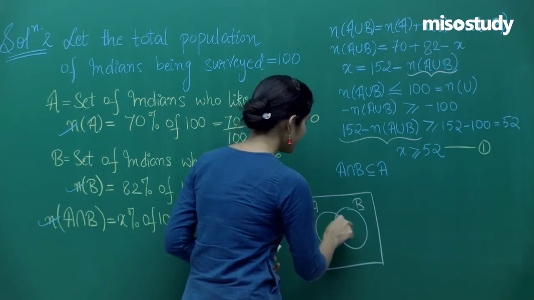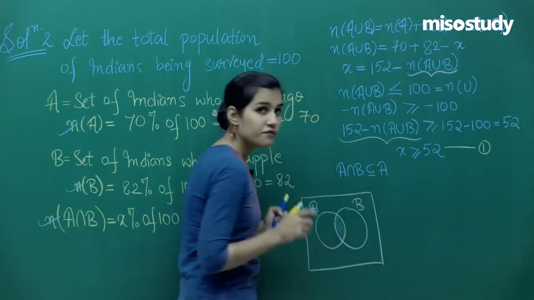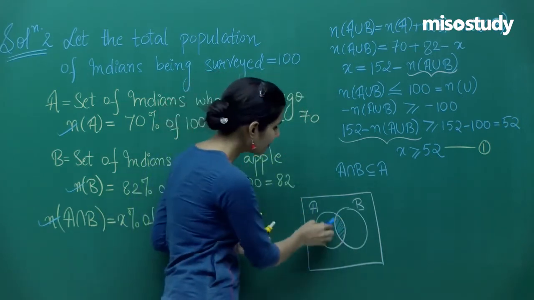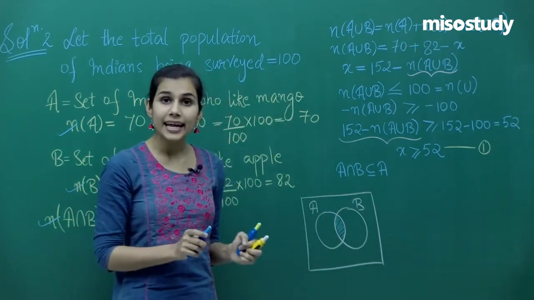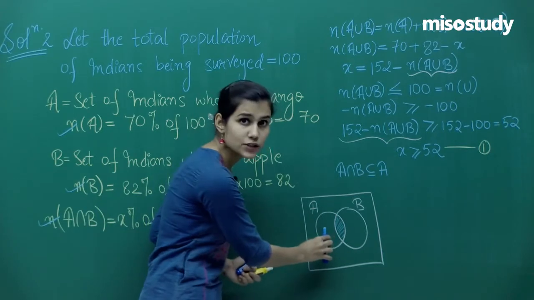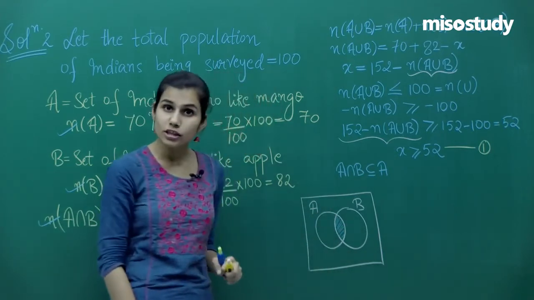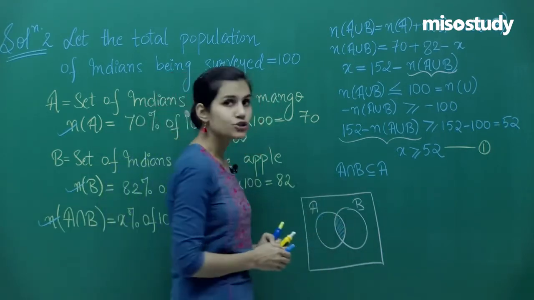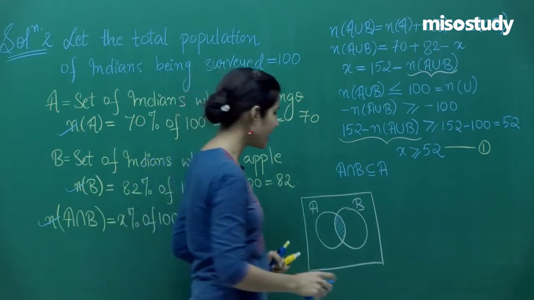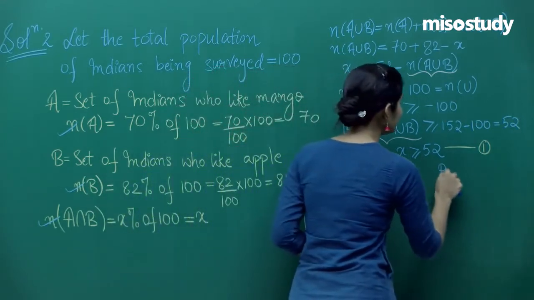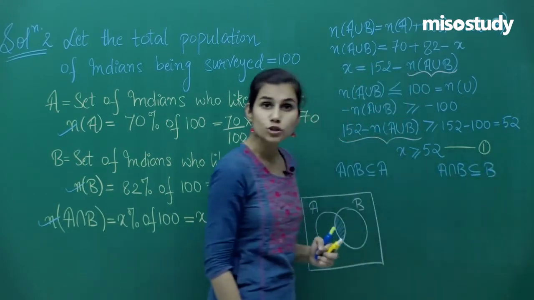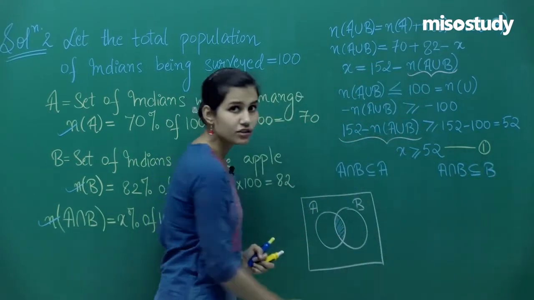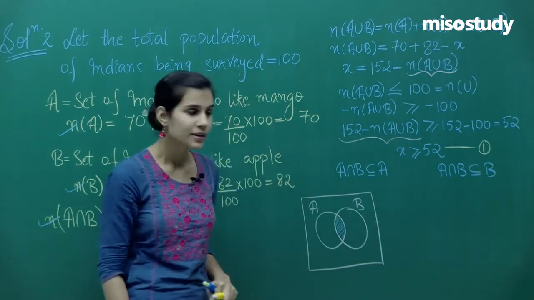This is my A intersection B. Very clearly, A intersection B is a part of A. It is a set which is obtained by taking those members from A which are lying in B also. Therefore, A intersection B is not just a subset of A. In fact, A intersection B is a subset of B also, because the same situation is happening with B also.